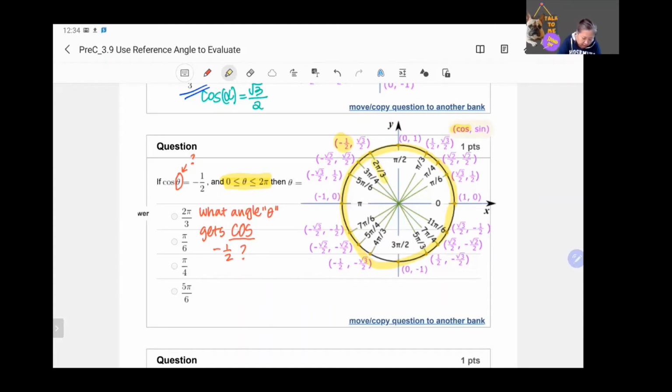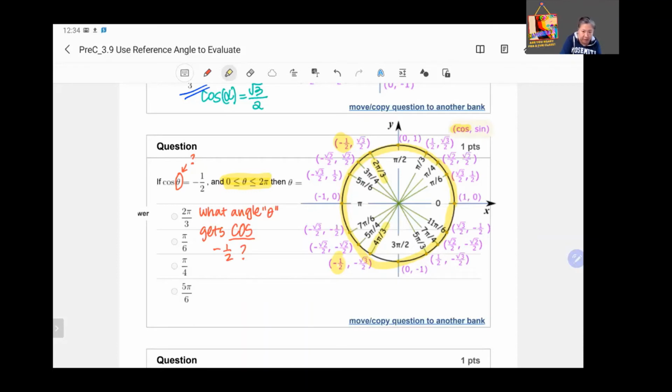And then negative radical 2/2, negative radical 3/2, -1, negative radical 3/2, negative radical 2/2, and here, -1/2 again, and that's this angle measure, 4 pi/3, right? Then there is no other x coordinate that coincides with -1/2. So the only options that we can get cosine with exact value -1/2 are 2 pi/3 or 4 pi/3.